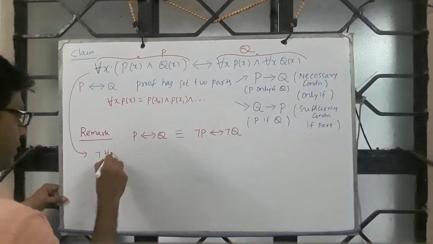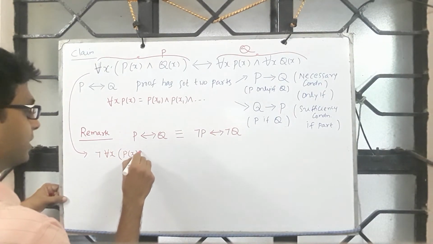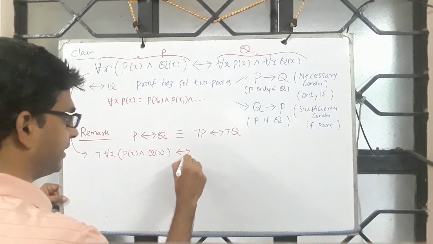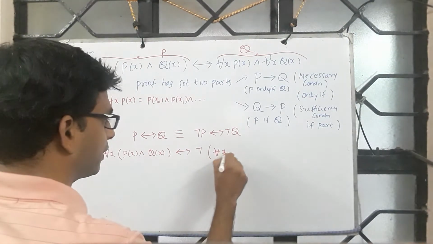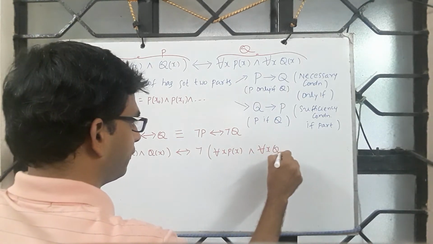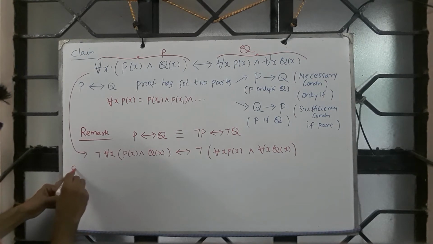negation for all x, P of x and Q of x, biconditional negation for all x, P of x and for all x, Q of x. Now simplify.